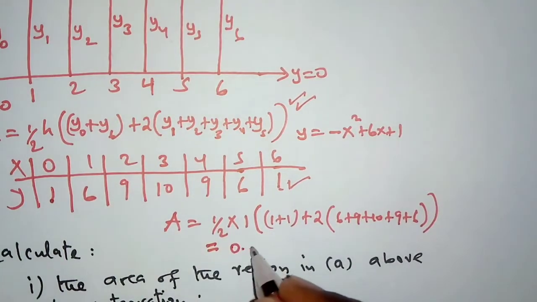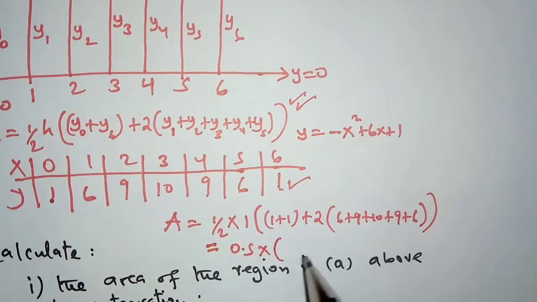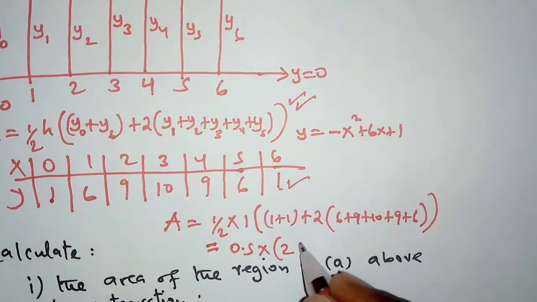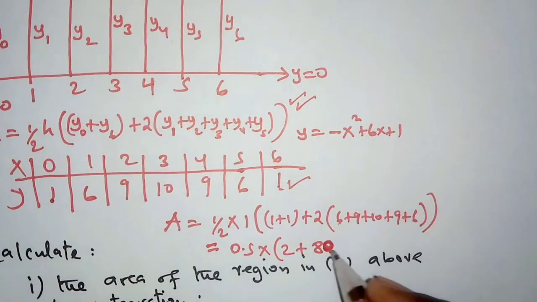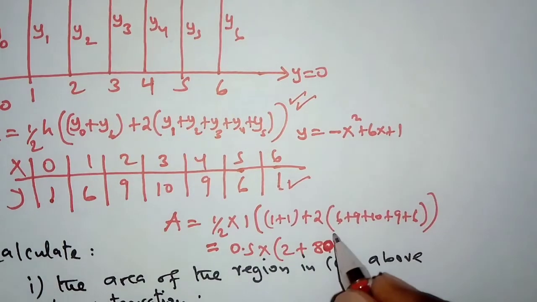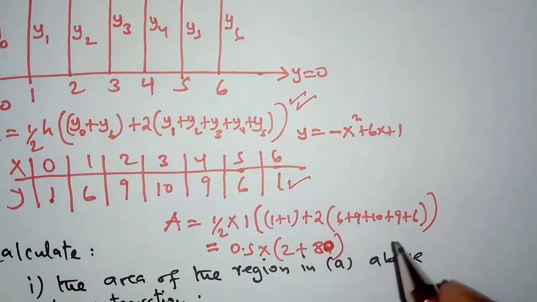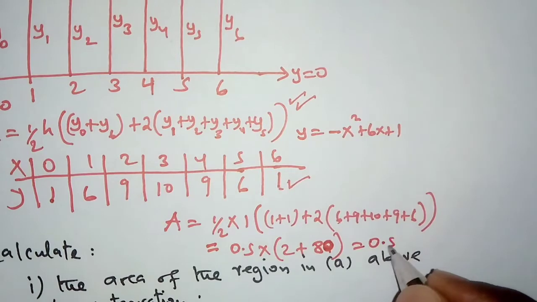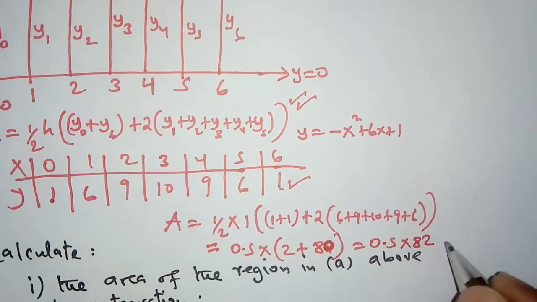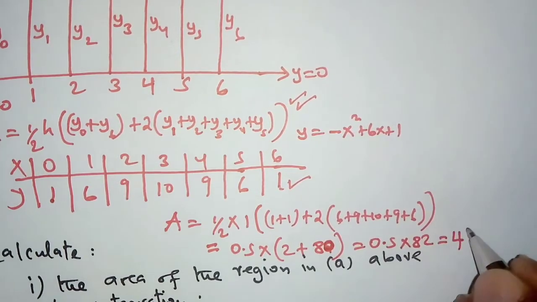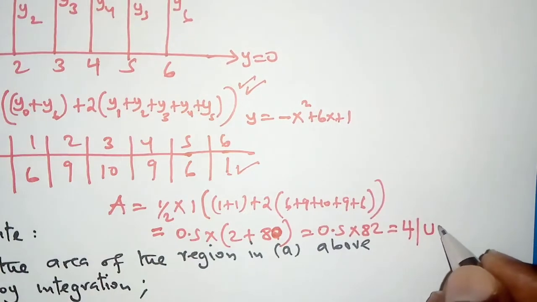This is 0.5 times, so we have 2 plus 40 times 2, that is 80. So 80 plus 2, that is 82. So we have 0.5 times 82. That should give us 41 square units.